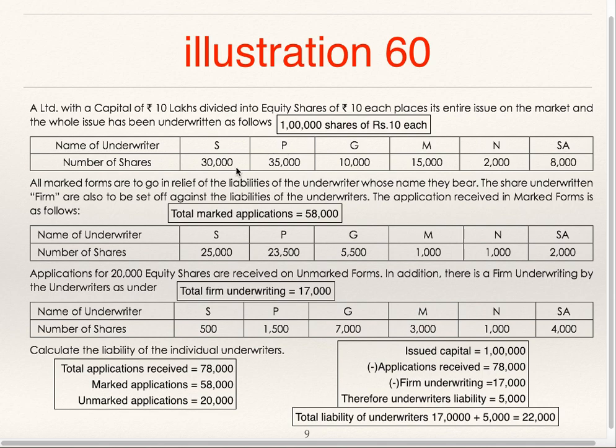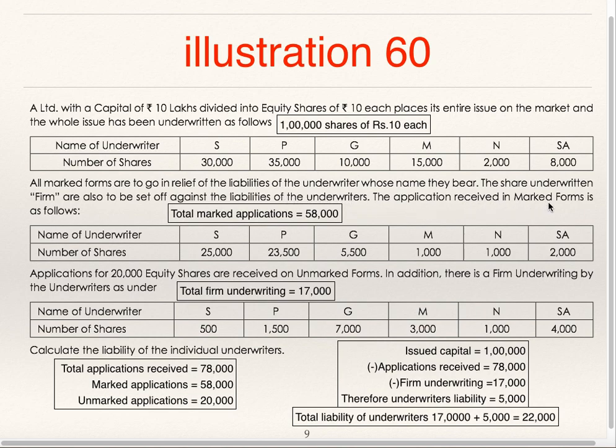Now this is the ratio of gross liability. 30 is to 35 is to 10 is to 15 is to 2 is to 8. All marked forms are to go in relief of the liabilities of the underwriter whose name they bear. The shares underwritten firm are also to be set off against liabilities of the underwriters.